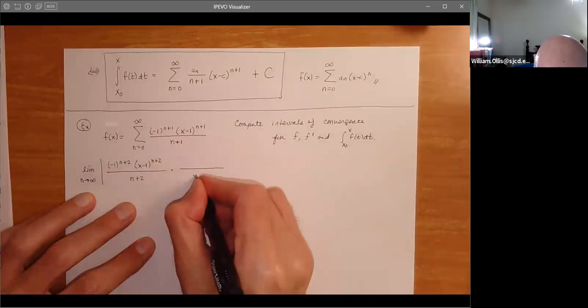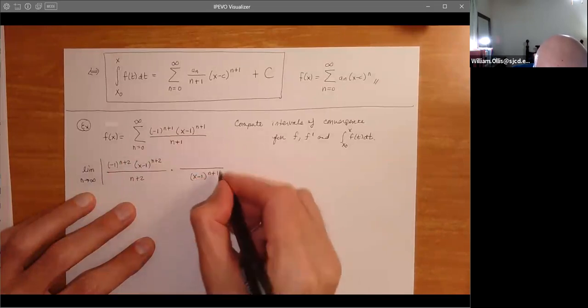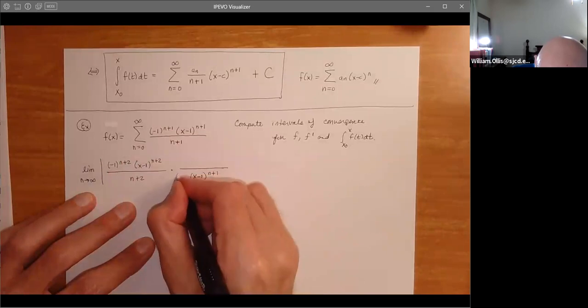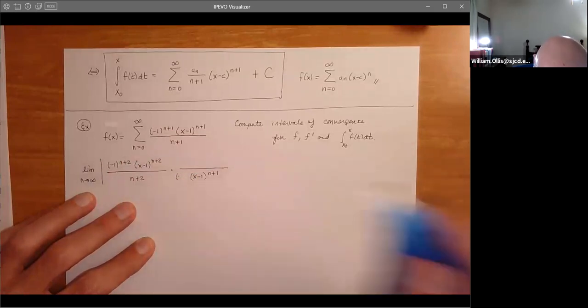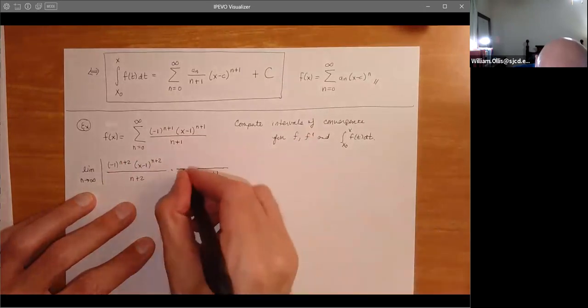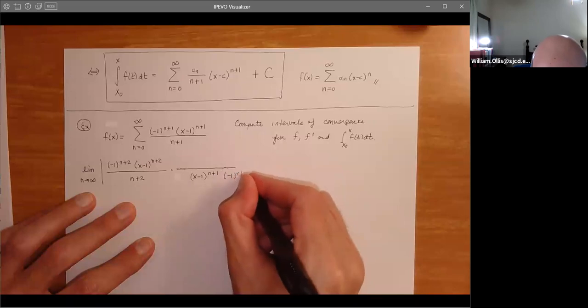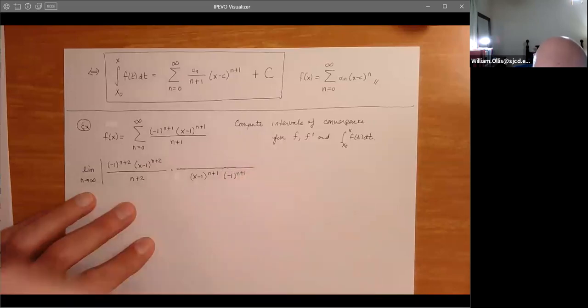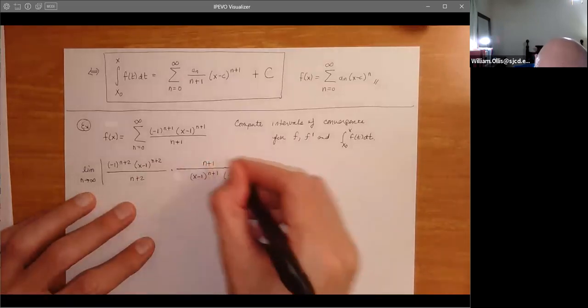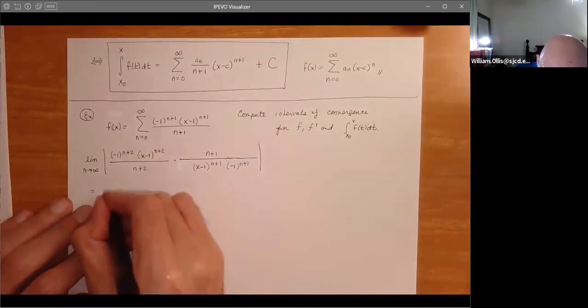So we have (x minus 1) to the n plus 1. And let me put that on the other side since there's not enough room there. So we'll say times negative 1 to the n plus 1, and then upstairs, we just have n plus 1. Okay, so now let's go ahead and do the algebra.